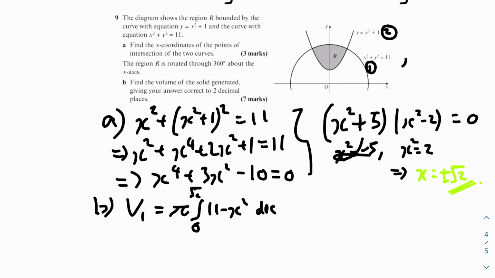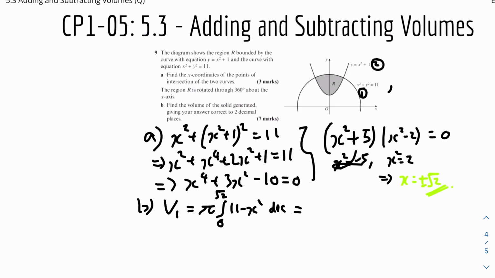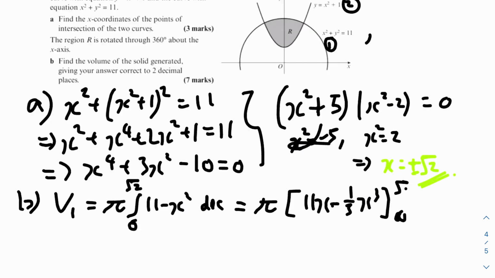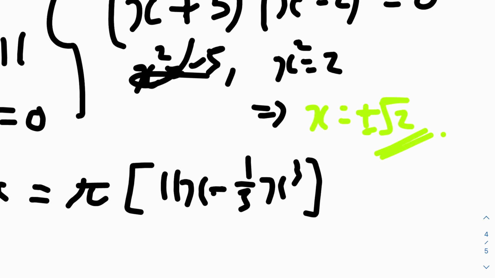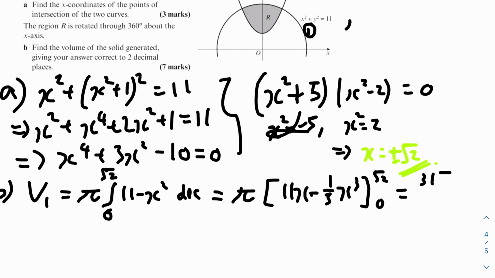Integrating, you get pi times 11x minus a third x cubed, from 0 to root 2. Putting it into a calculator, 11 times root 2 minus a third times root 2 to the power of 3 gets us 31 root 2 over 3, times pi. That is volume 1.